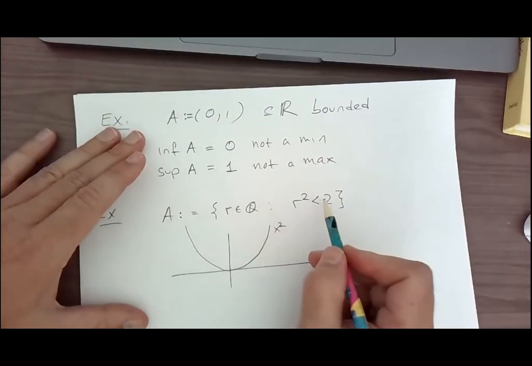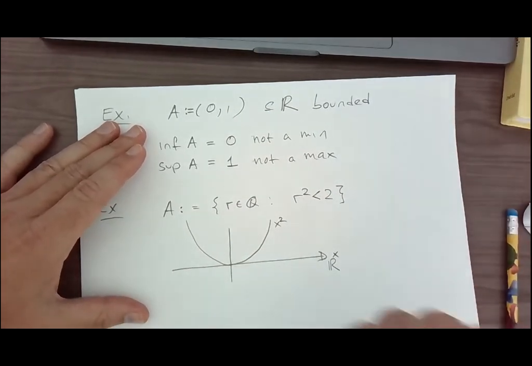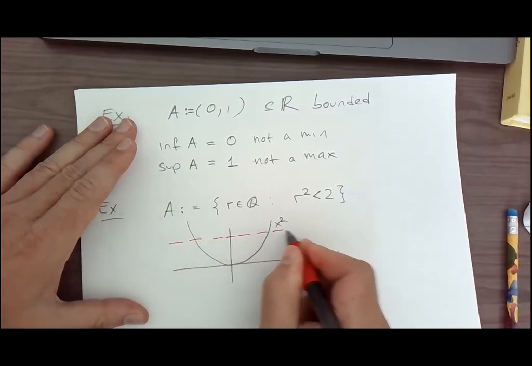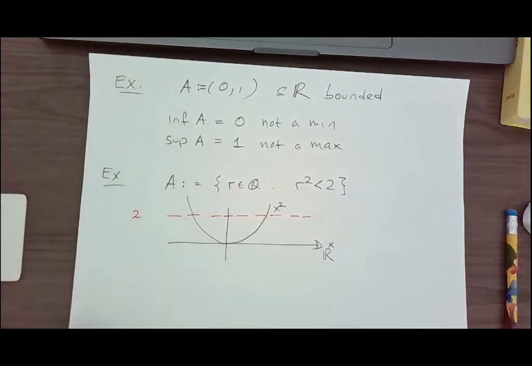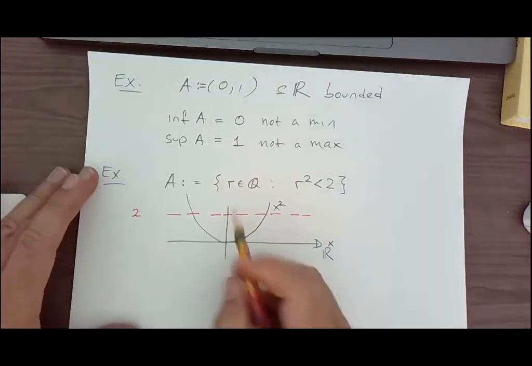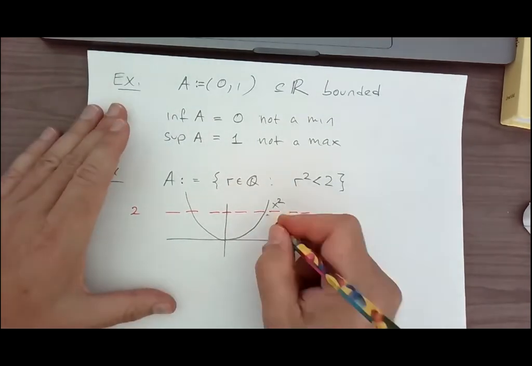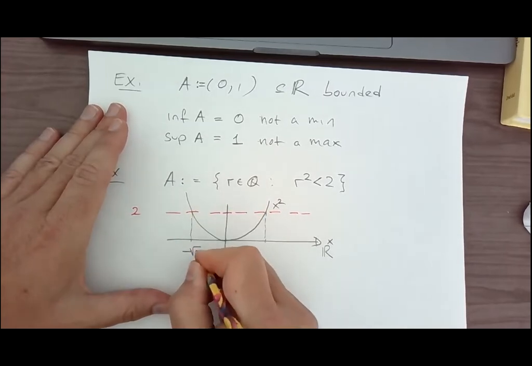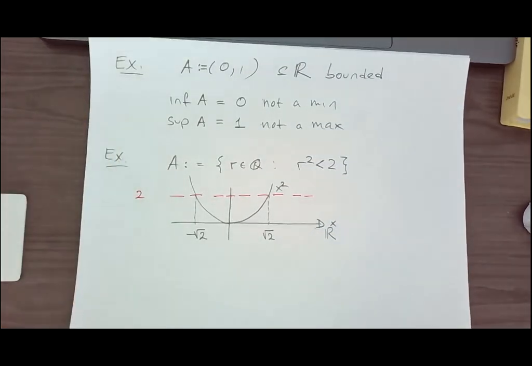And so I'm interested in the threshold 2. So let me put in a 2 here. So what are the x's that I'm looking for? I'm looking for those numbers such that the square is less than 2. So I'll go down here. This will be minus root 2. And this will be root 2.